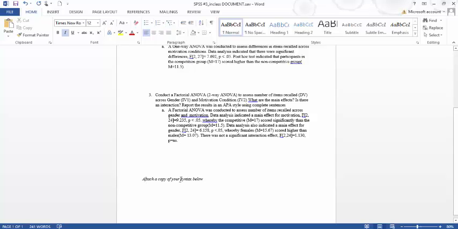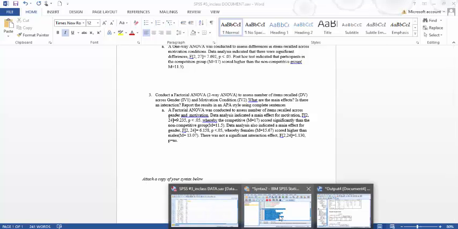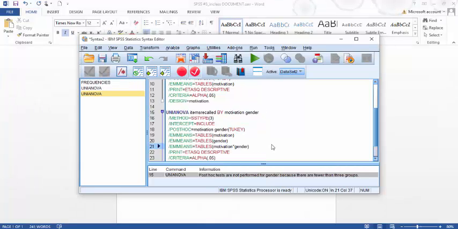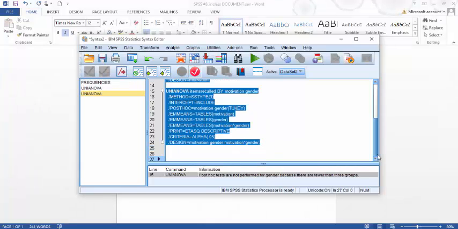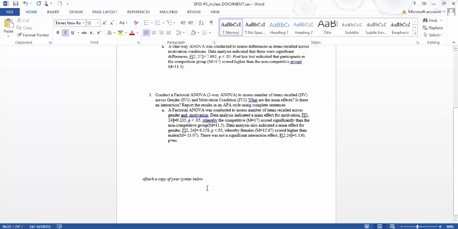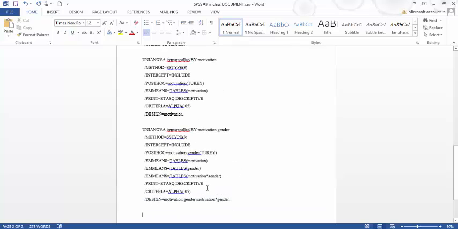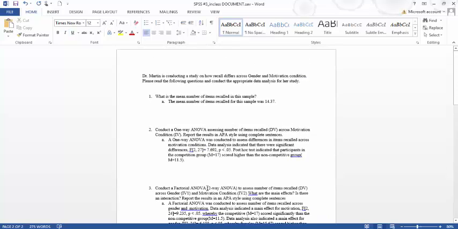Last thing we want to do is attach our syntax. So go through and highlight all of this text, copy, and paste. And we are officially done answering all the questions and conducting all of the data analysis. So again, today we calculated a mean, a one-way ANOVA, and a factorial or two-way ANOVA.